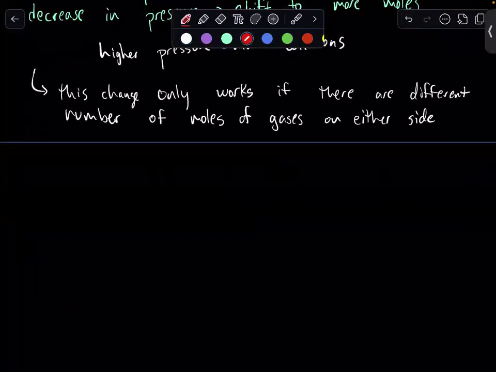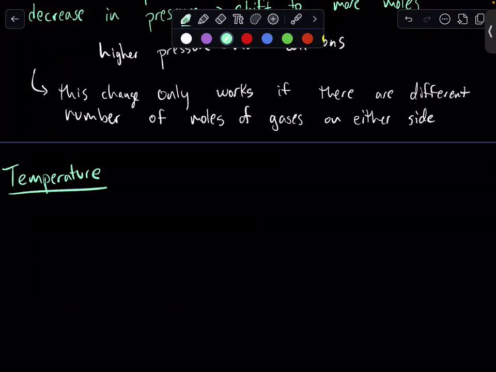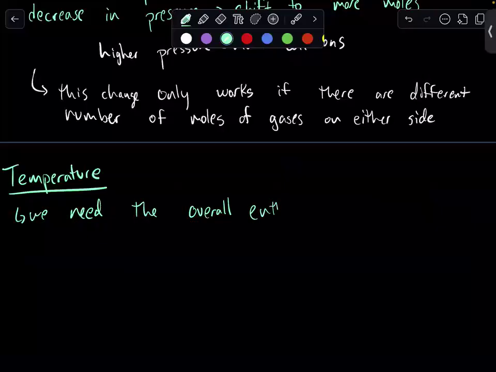All right, moving on to the last possible way to change the system, which is temperature. Now, for temperature, we first need the overall enthalpy value, or enthalpy change of a reaction, because enthalpy tells us how heat is exchanged in and out of a system.